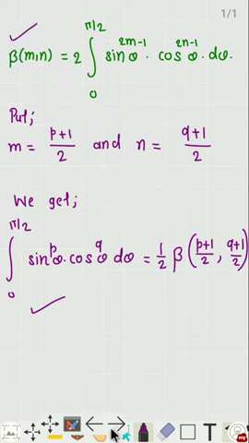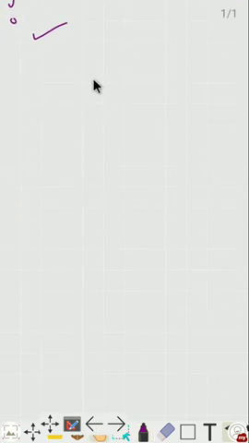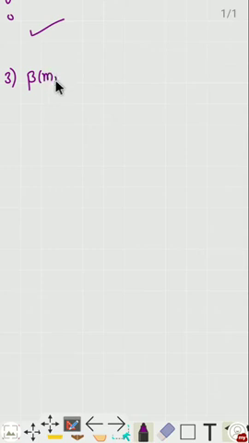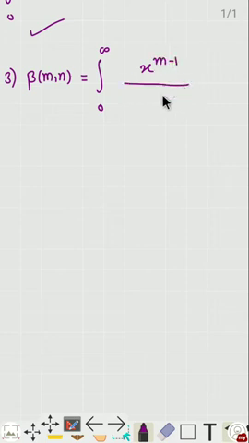So let us go to the third property of the beta function. That third property says that beta(m, n) is equal to the integration over 0 to infinity of x raised to the power m minus 1 divided by (1 plus x) raised to the power m plus n dx.